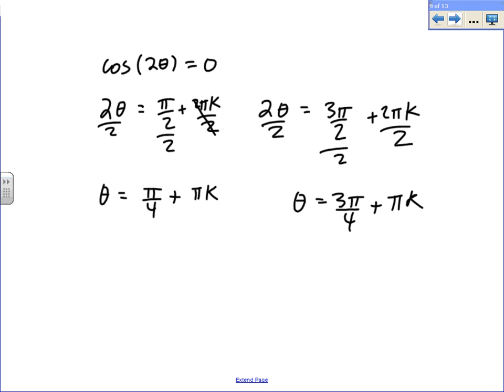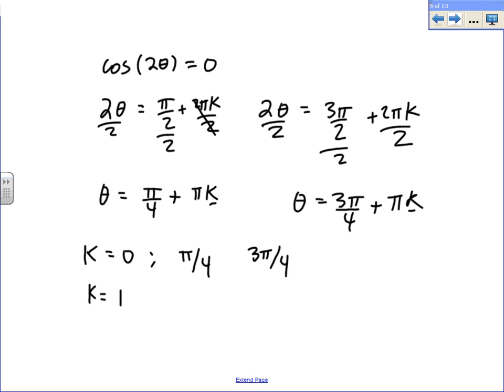Now let's look at our different values of k. We get k to be 1 or 0 here. Negative 1 would make it negative, so that wouldn't work. If k was 0 right there, that would just give me pi over 4. And if k was 0 here, that one would just give me 3 pi over 4. Now let's look at k to be 1.